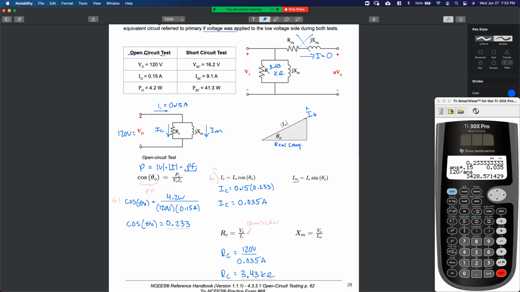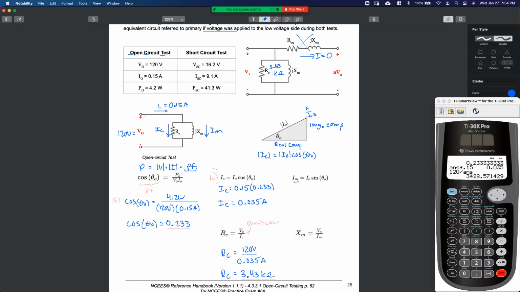And then this right here is going to be the imaginary component of I of O. How do I solve for the real component of I of O? Right? It's going to be magnitude IO times what? Times cosine theta O. Oops, sorry about that. And look, what does that equal? There's I of C. So we're really solving, these are just magnitudes.